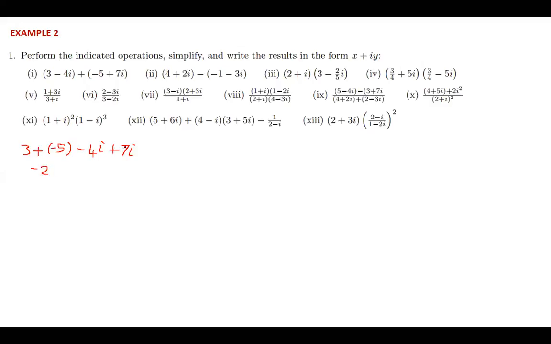And then -4i plus 7i, you get +3i. This is what you're going to get. So I'm just remaining with less than 10 minutes. Okay. So this is the first part. This is A.